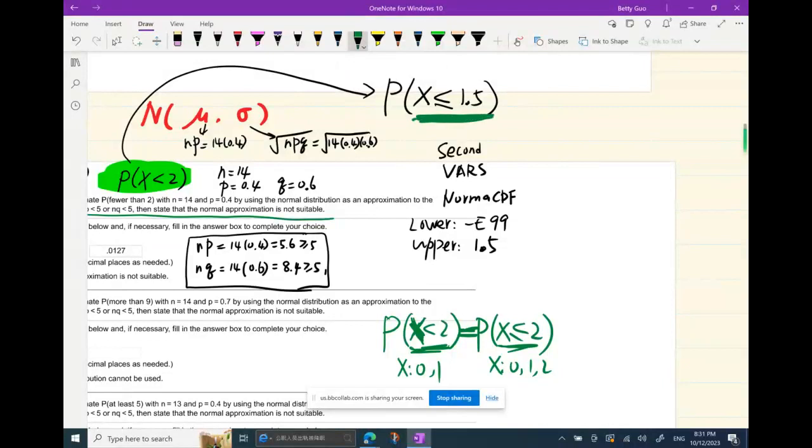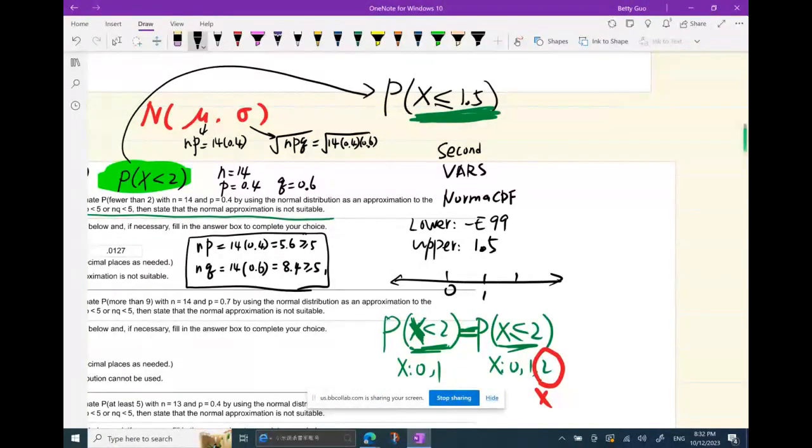In order to let the calculator know x does not assume 2, we have to adjust 2 to 1.5. So for a continuous random variable, like a normal distribution, x is less than or equal to 1.5 on the real number line.